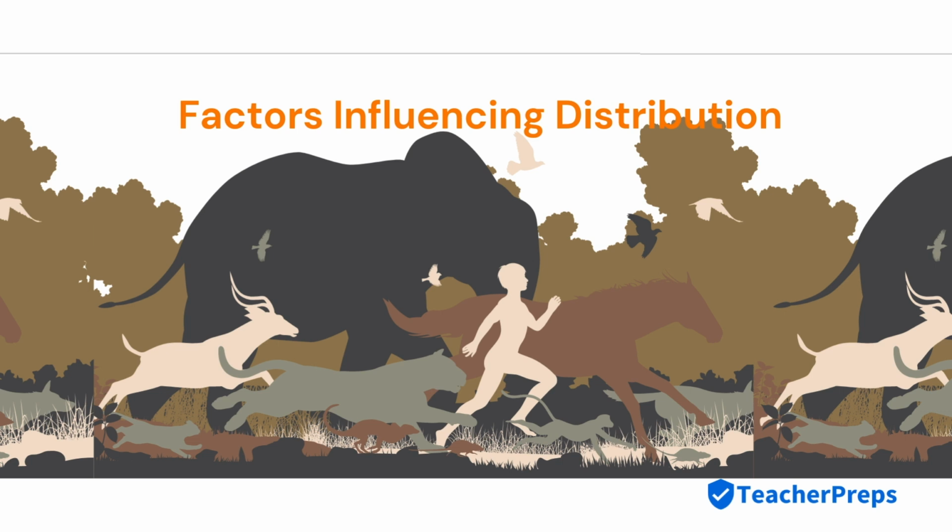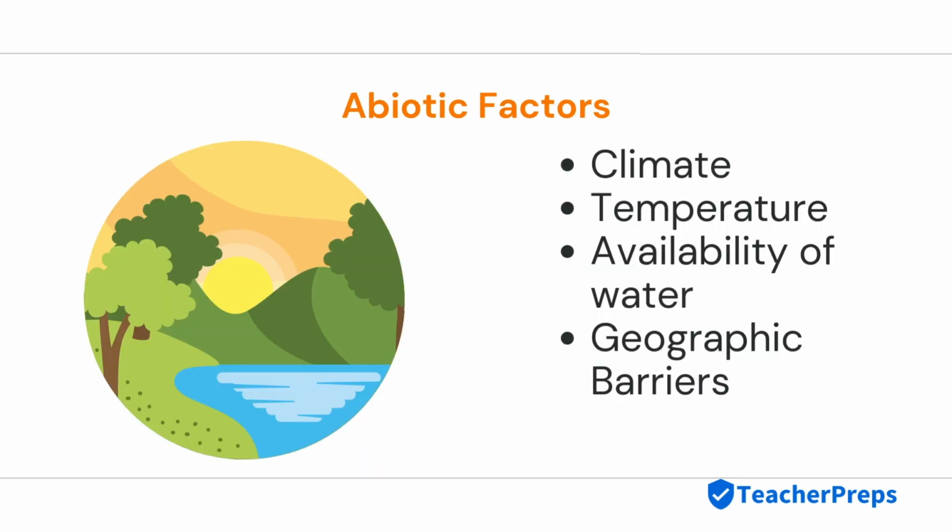Note that biodiversity is not uniform across the globe, and here are the factors influencing distribution. So, first, we can think of factors such as climate, temperature, availability of water, as well as geographic barriers such as mountains, rivers, oceans, and the like.